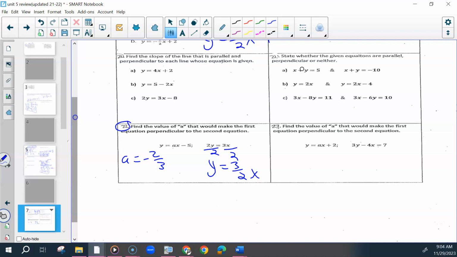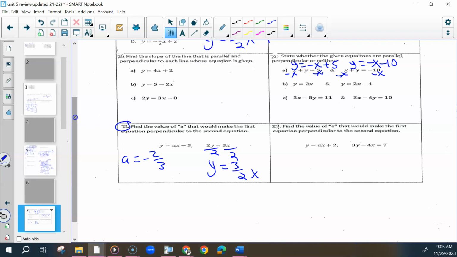So for A, we have to solve them both. I'm going to do that simultaneously. Subtract x on both sides, and then write the equation. I'm going to write the equation above it because I don't have a whole lot of space. So for this one, it would be y equals -x plus 5. For the other one, it would be y equals -x minus 10.